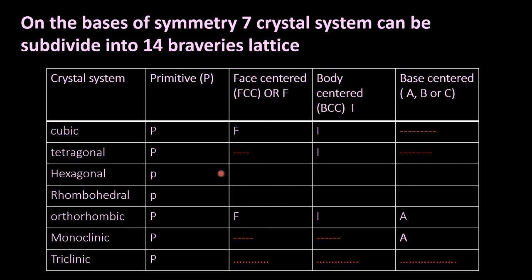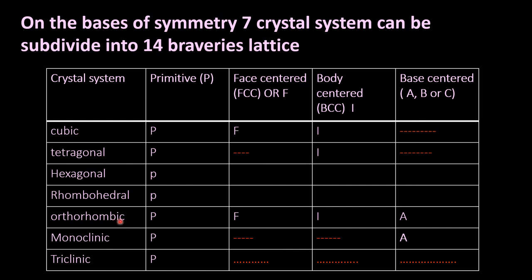And then we have the hexagonal crystal structure, which has only the primitive Bravais lattice. And then the rhombohedral crystal structure, which also has only the rhombohedral Bravais lattice. There is no face-centered, body-centered or base-centered Bravais lattice for these crystal systems.